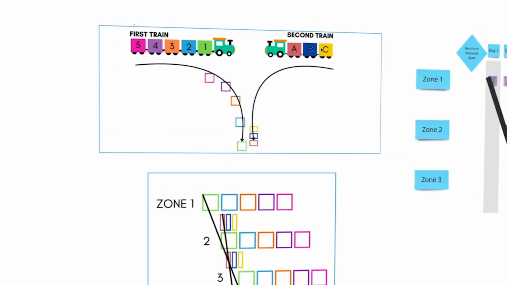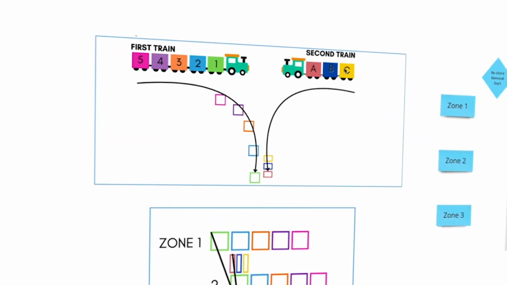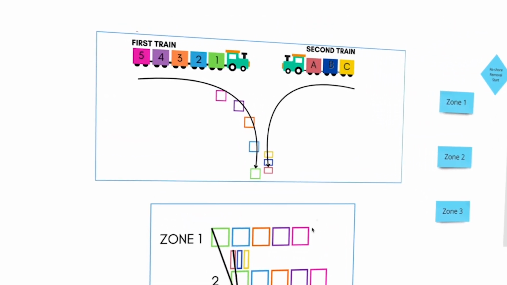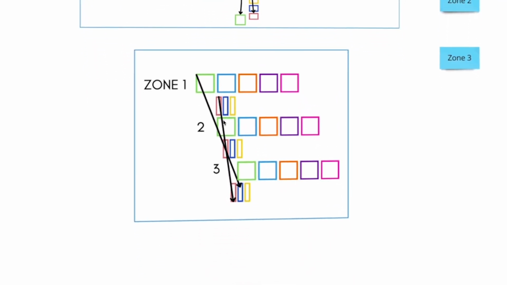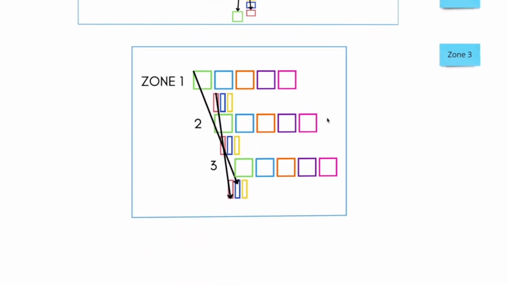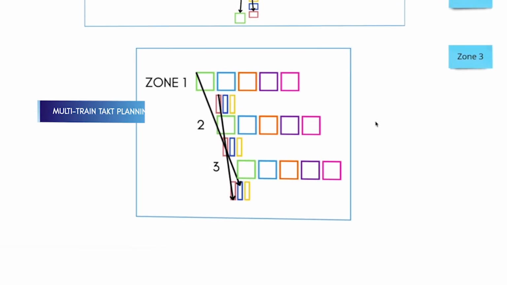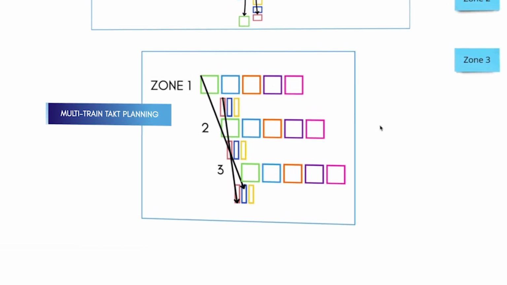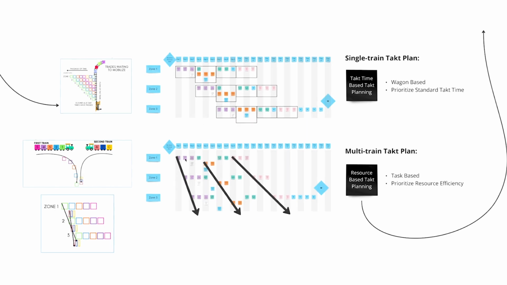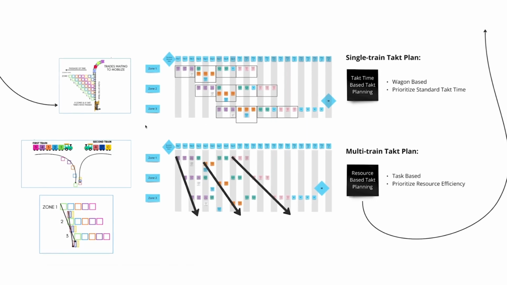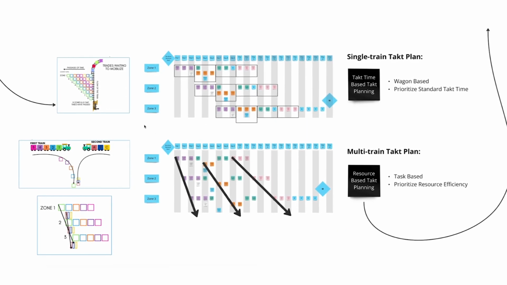If you have the first train and the second train both attempting to go through the same zones, which is fine, you'll see them having different lines of balance typically. And yes, they can fit into the same overall system and they won't have the same takt time. This is called multi-train takt planning, and there's very specific rules for this which are covered in our books, but I just want you to know that both scenarios are perfectly acceptable in your takt plan.